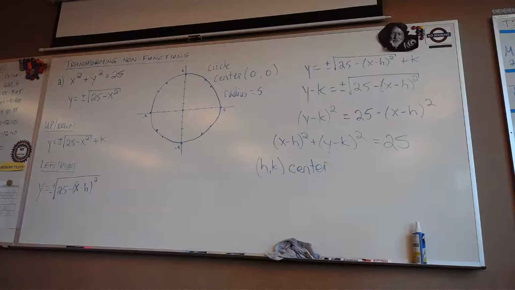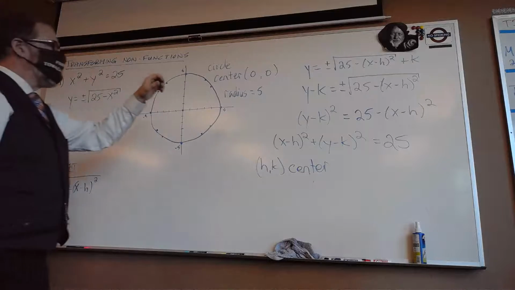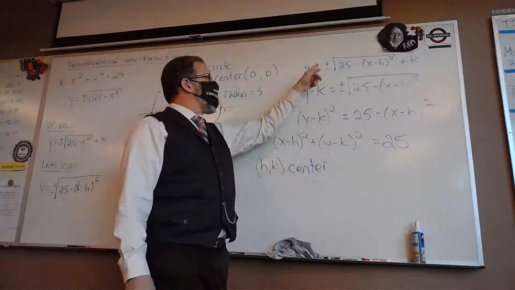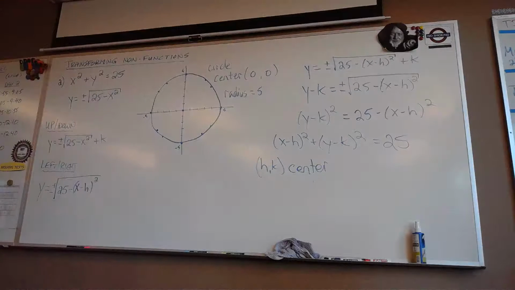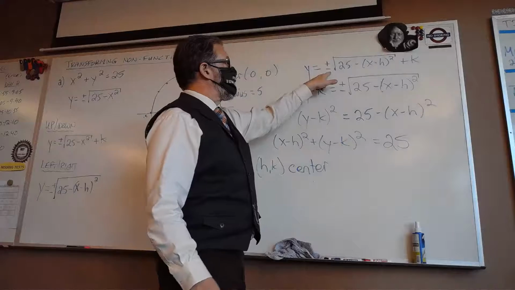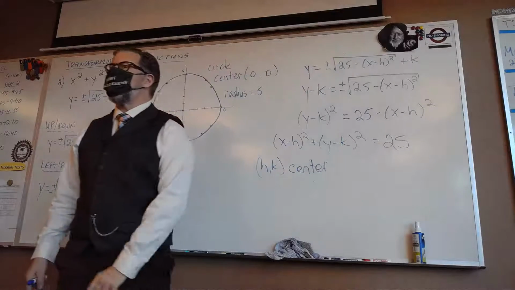So here's my next question for you. Why didn't we include a stretch factor back here? Why didn't I put an a in front? The answer to that question has to do with what a represents. What kind of stretch is a if I put an a into this equation? If I write y equals plus or minus a times, what kind of stretch is that?